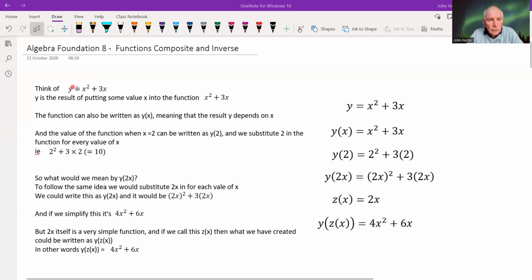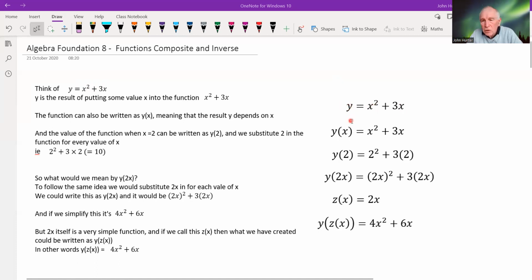So you could draw a graph of this, couldn't you? And what we're saying is that y is the result of putting some value into this function x. So we can choose a value, pop it in there, do our calculations, and we get our value for y.